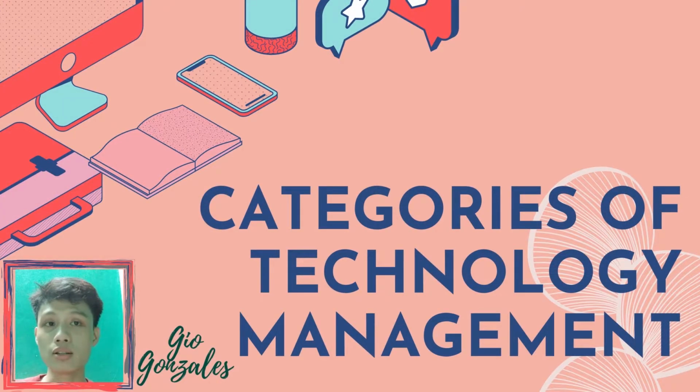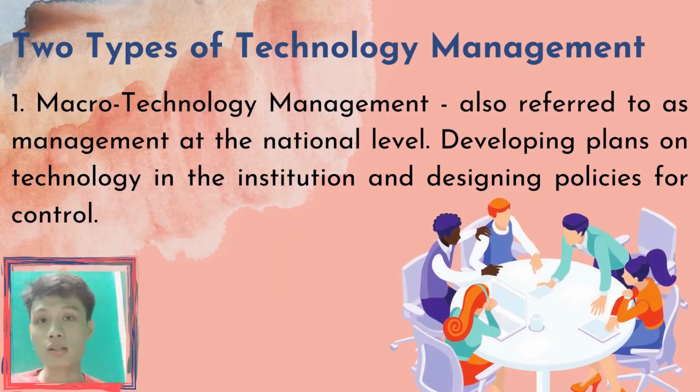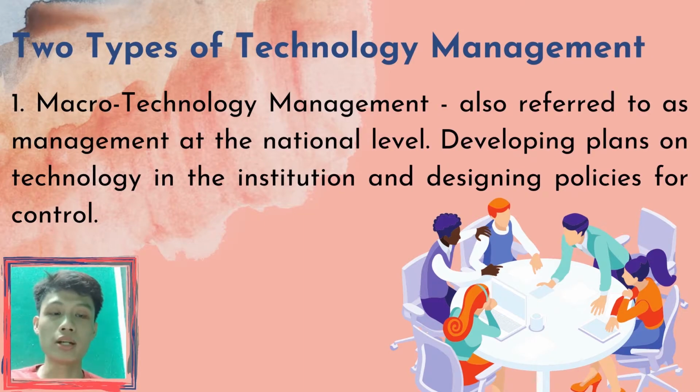Now, let's proceed to discussing the different types of technology management. The first one to be discussed is macro technology management. This is also referred to as managing technology at the national level.